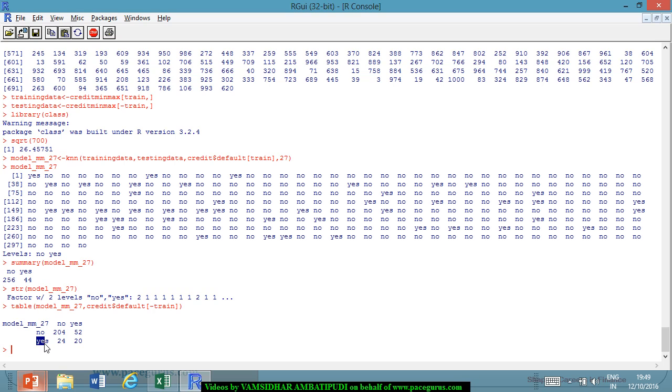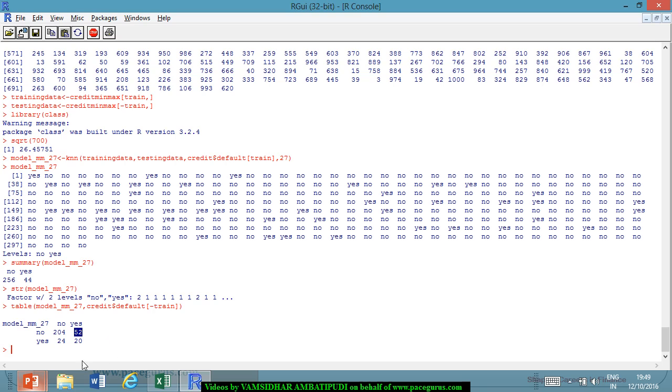Probably this looks like a more cautious kind of approach. So you might not be giving loans to these kind of customers. Whereas for these customers, your model is saying they will not default, but in reality they have defaulted, that is going to be a very serious error.